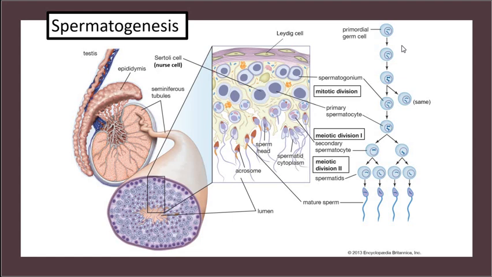Okay, now the reason they have these parallel like this is because of the actual position of the cells in the seminiferous tubule. Okay, up here it talks about a germ cell. That basically means a cell that is at the beginning. It's not really going to be a sperm or anything yet.